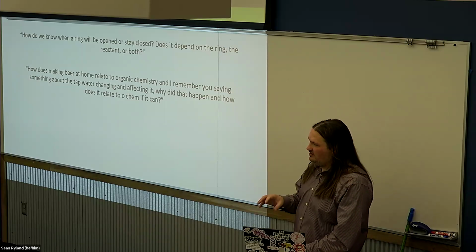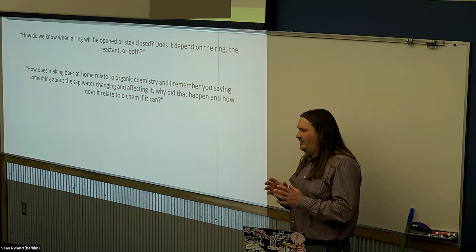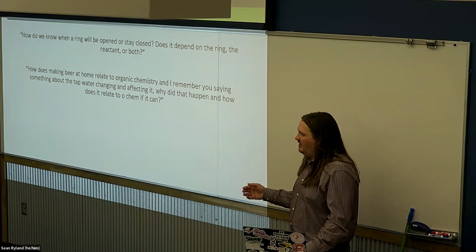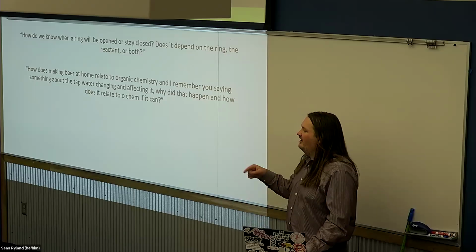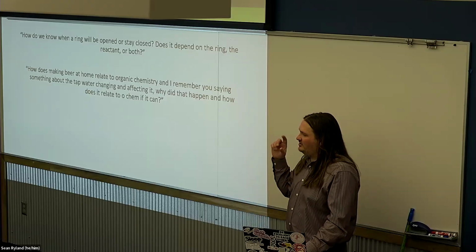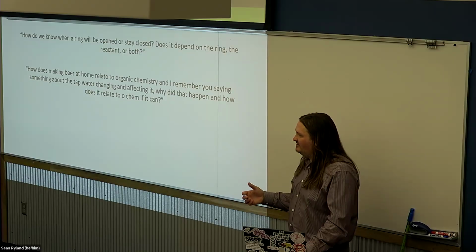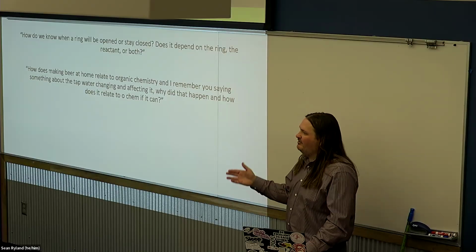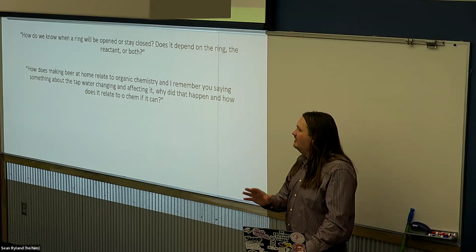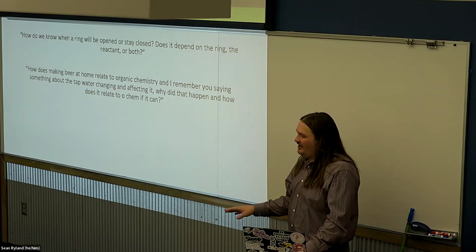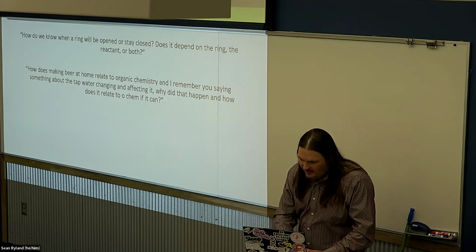What you do when you malt a grain is you let it start to sprout, and then you stop it by roasting it. By letting it start to sprout, you get it to start producing enzymes that start breaking down the starch. But before it can actually break down the starch, you kill it essentially. But the enzymes are still there.